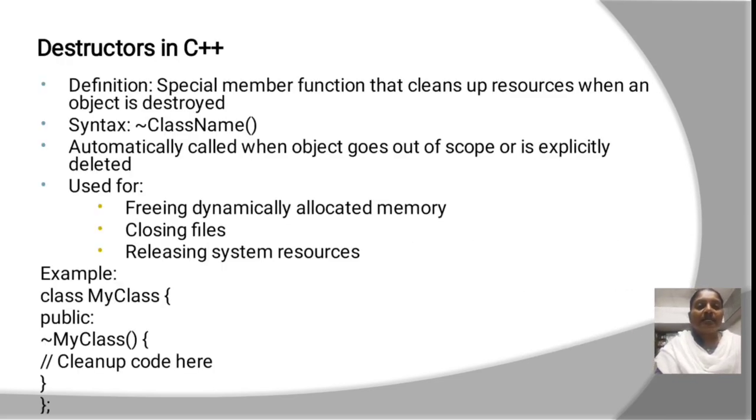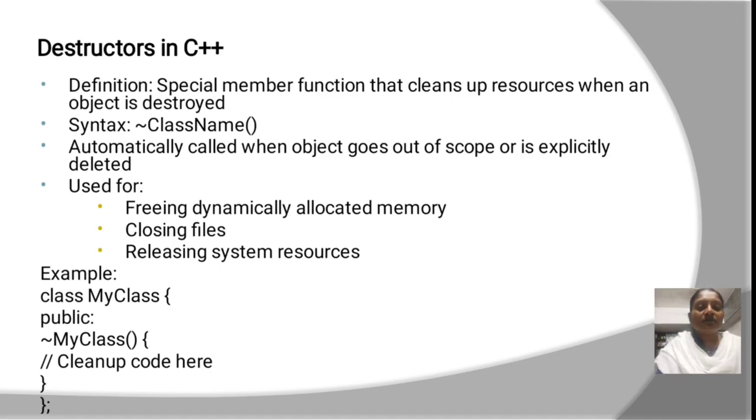The first topic is destructors in C++. Definition: a special member function that cleans up resources when an object is destroyed. The syntax uses the class name with a tilde; it is automatically called when an object goes out of scope or is explicitly deleted.